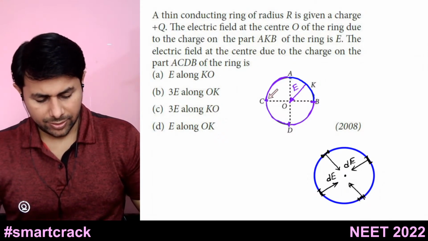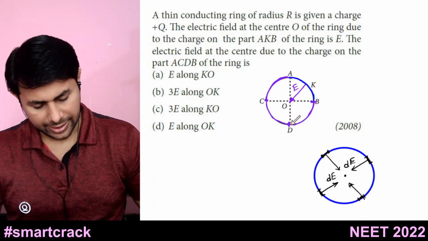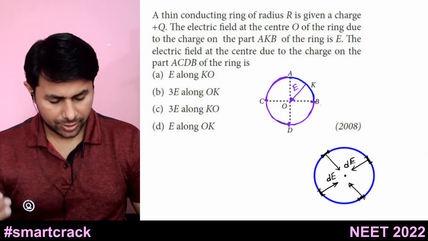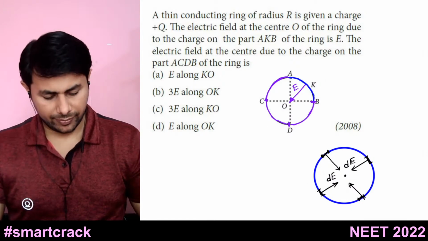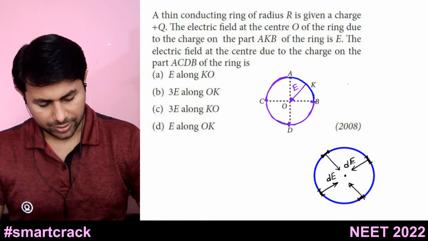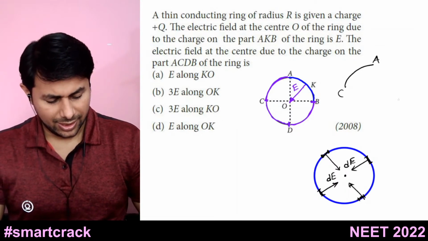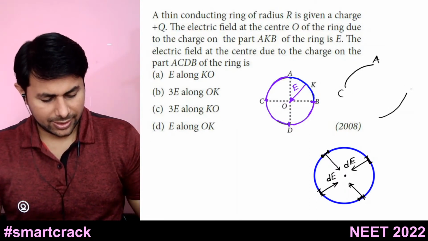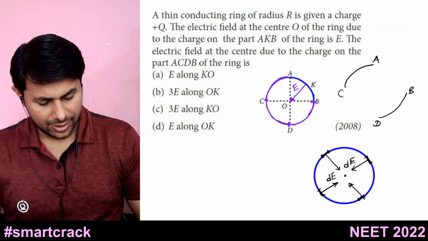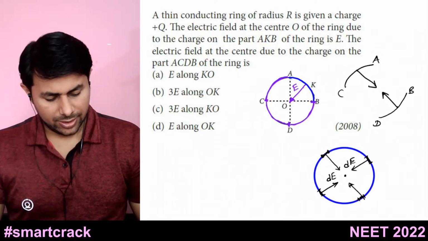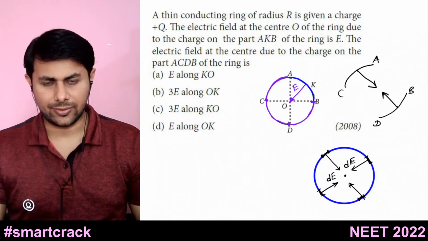So the electric field due to A to C will get cancelled out because of electric field from B to D, due to this part, this arc AC, and electric field due to this arc BD, it is directed like this, it's equal and opposite, so it must get cancelled out.